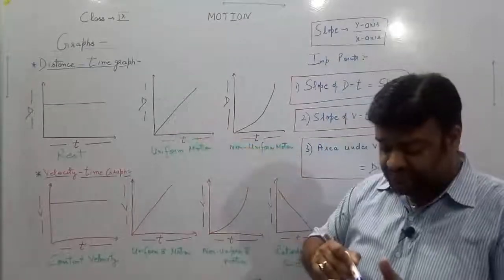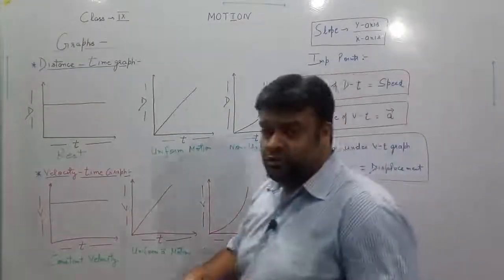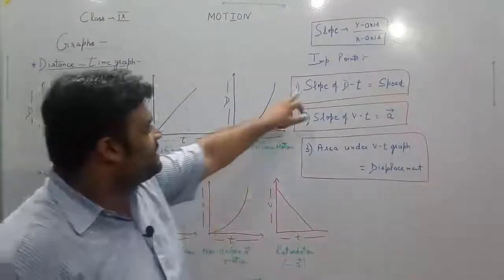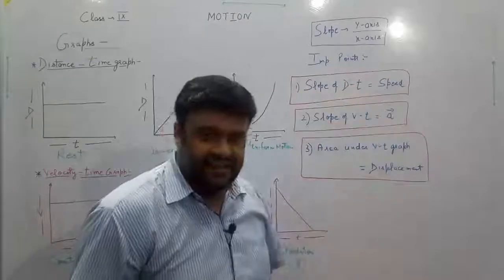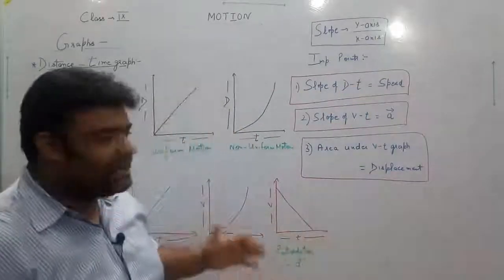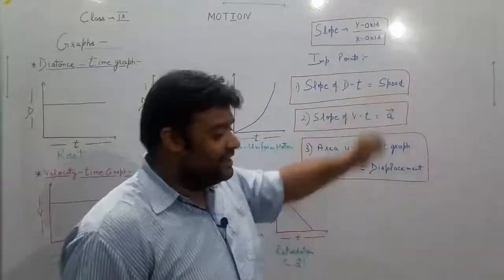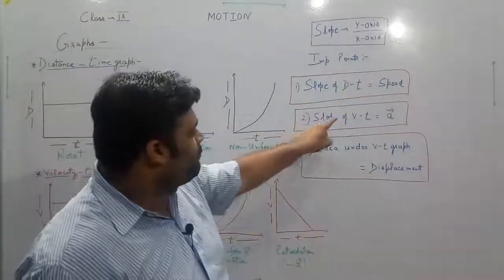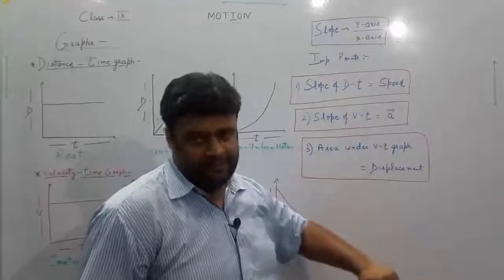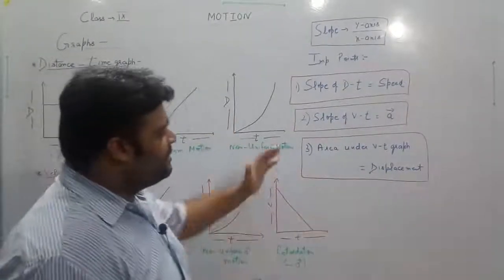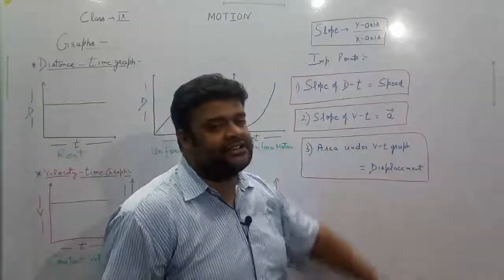If we find the slope of a distance time graph, then the slope of the distance time graph represents speed. The slope of a distance time graph will always give us speed. If you find the slope of a velocity time graph, the slope of the velocity time graph will always represent acceleration.